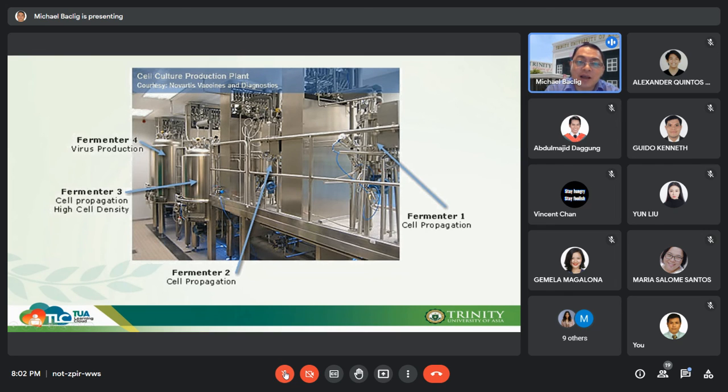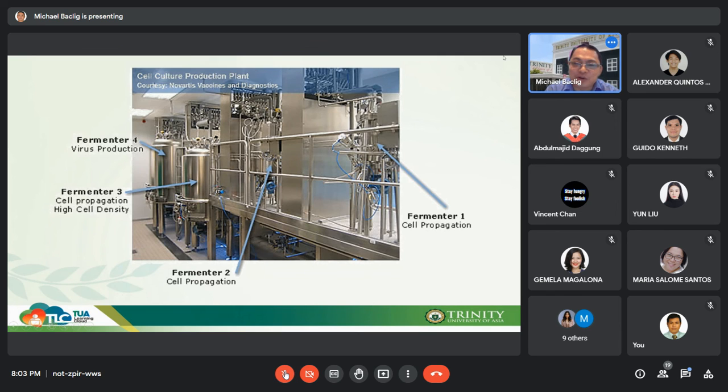So this is a very tight, closed system. It has to follow GMP, good manufacturing practices. Aside from GLP, good laboratory practices, which we know, in a plant they have to practice good manufacturing practices, because one contaminant will destroy everything.